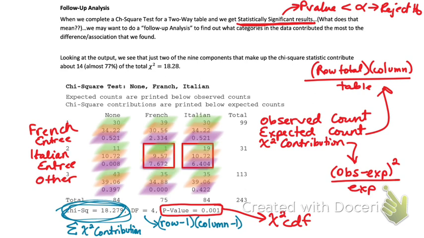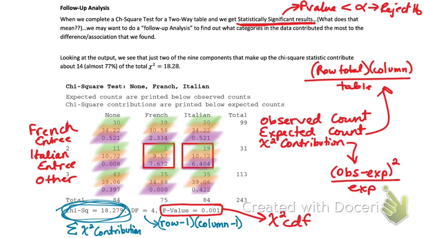So what does that kind of tell you overall about what specific entree is most influenced? Italian food is most influenced by changing the music. Okay?